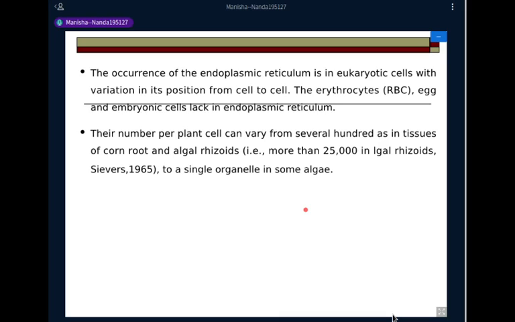Actually, you'll see that different types of eukaryotic cells in any living system have different requirements for protein synthesis.